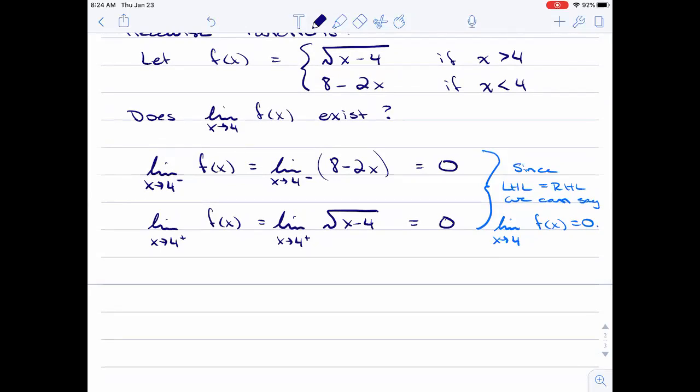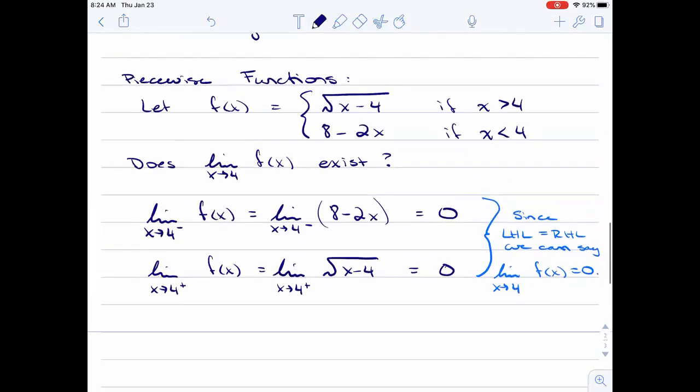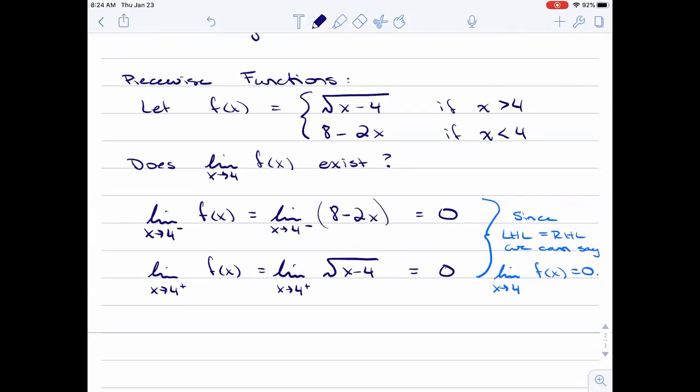You could try graphing this thing. This piecewise function wouldn't be unreasonable to ask you how to graph it. Knowing how root x behaves helps. That's why we went through that catalog of functions in chapter 1, just so we have an idea of what things are going to look like.